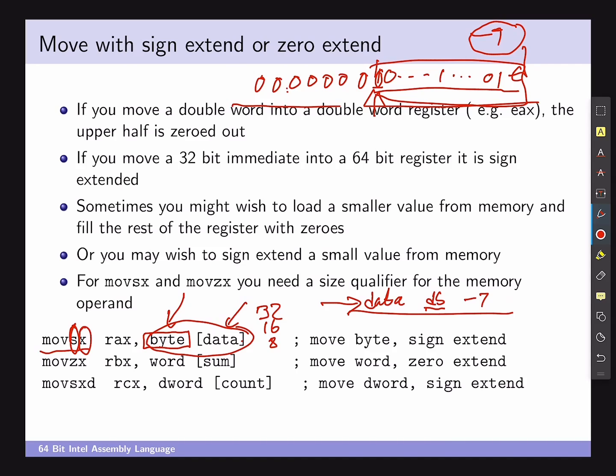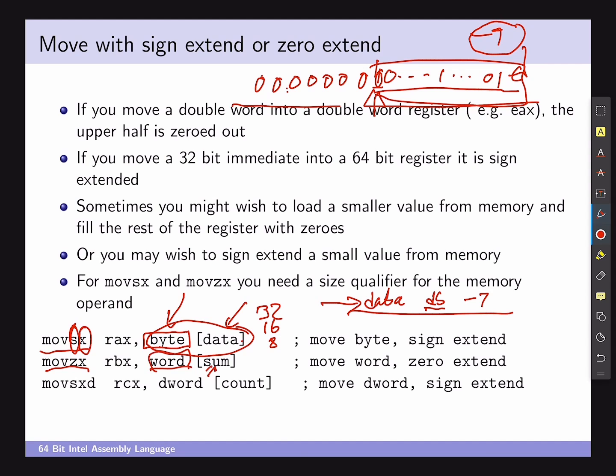We can use a similar notion for the zero extend operation. Say, for example, I want to load a word, so a word is 16 bits, into RBX, a 64-bit register, but I want to ensure it's zero extended. All I have to do then is say movzx and then specify the size and provide the name.